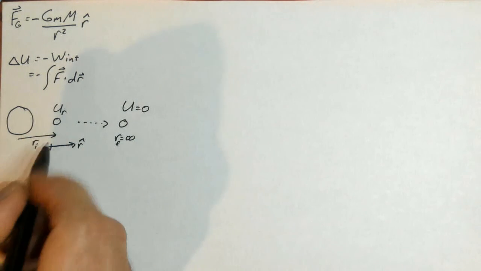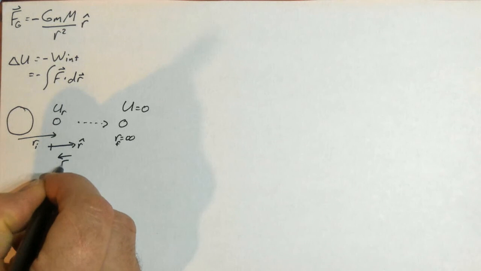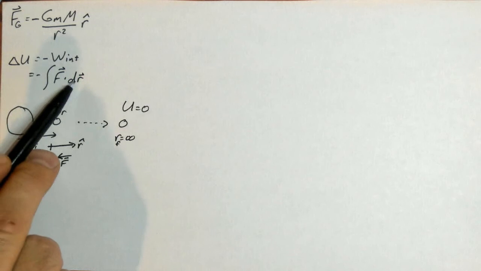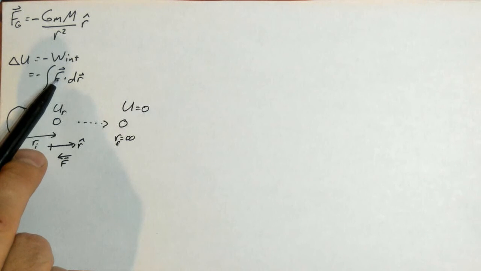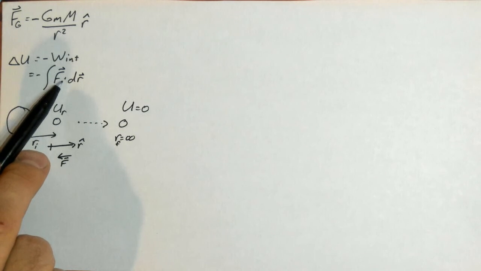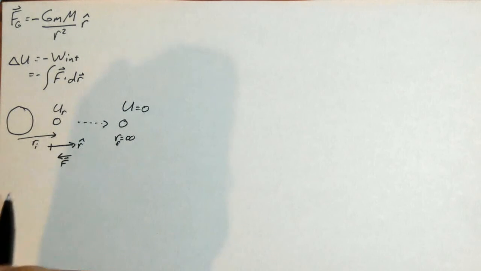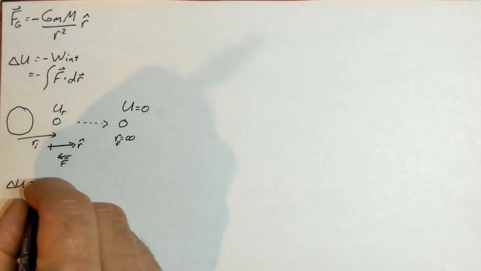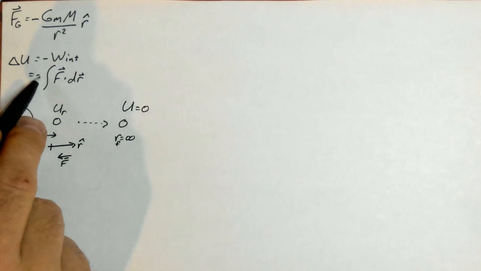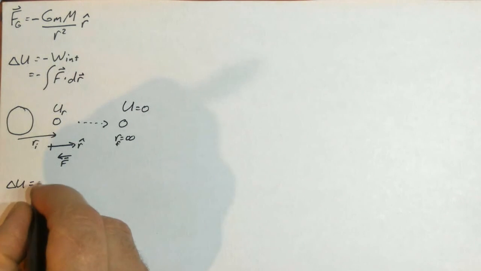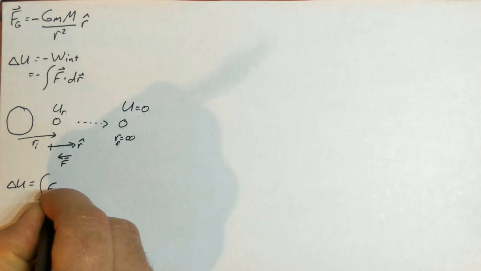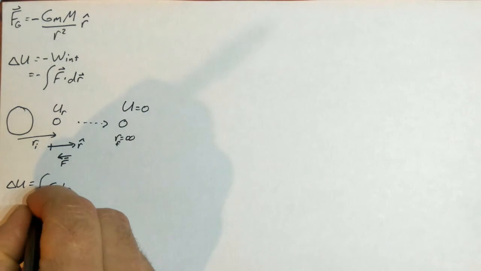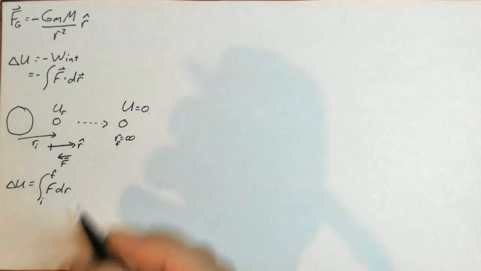So F points this way, but our dr points that way, which means they're opposite each other, which means the dot product gives me a cosine of 180, which is -1. So I can now write my potential energy change is a negative of a -1. So I get a positive here, F dr. I'm going to go from my initial distance to my final distance, which is infinity.